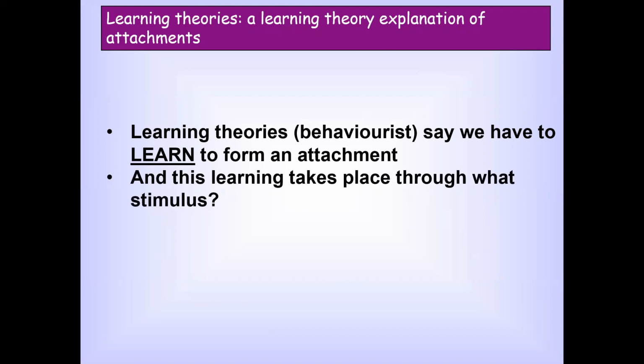And this learning takes place through what stimulus? Can you think? The stimulus is actually, you've got it, food. Food is the motivating stimulus that can account for how we learn to form an attachment.